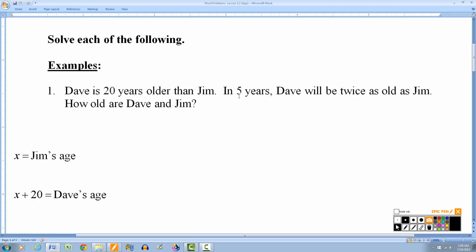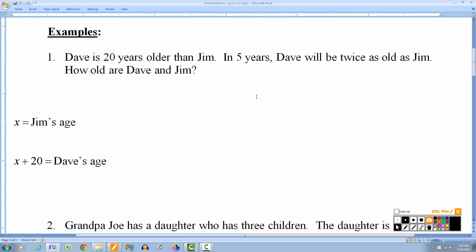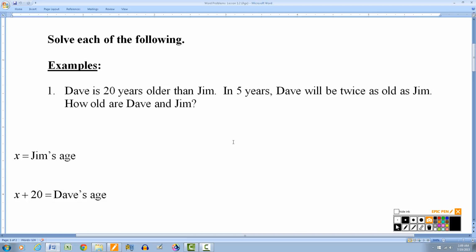It states in 5 years. So in 5 years, that means we add 5 years to Dave's age and 5 years to Jim's age, and Dave will be twice as old as Jim. So the equation will look like this then. It says in 5 years Dave will be twice as old as Jim.